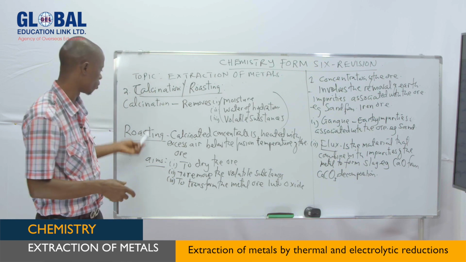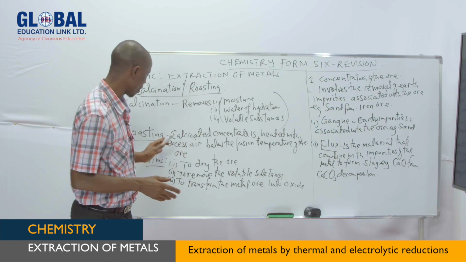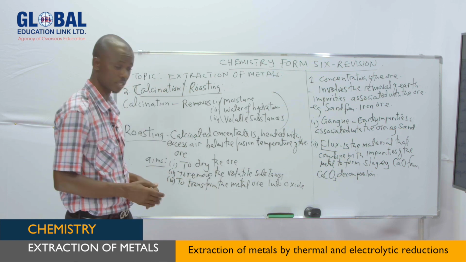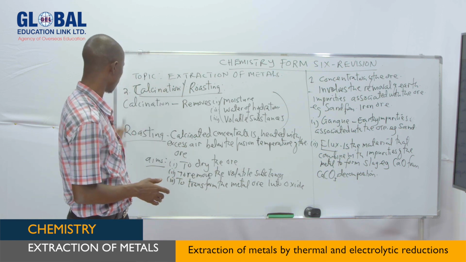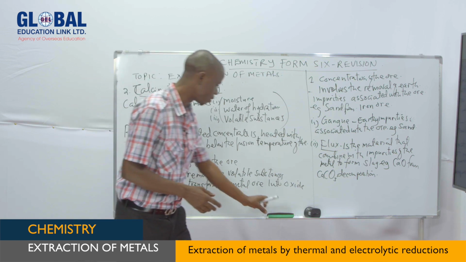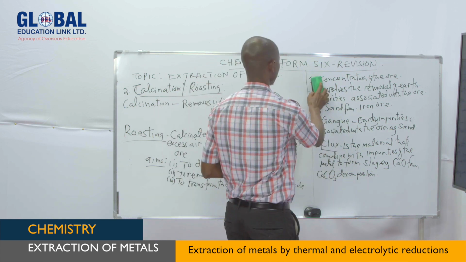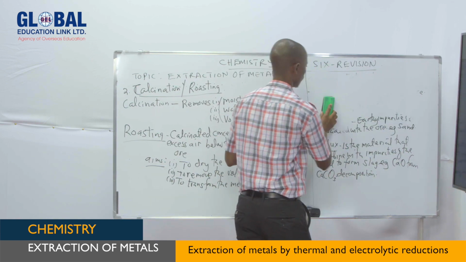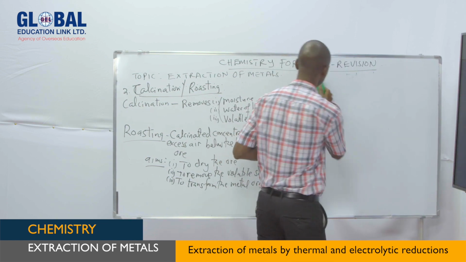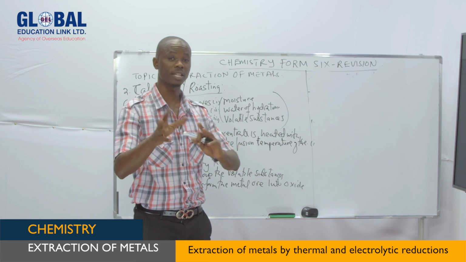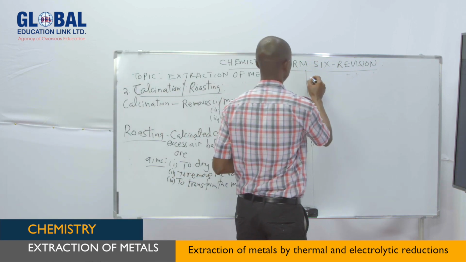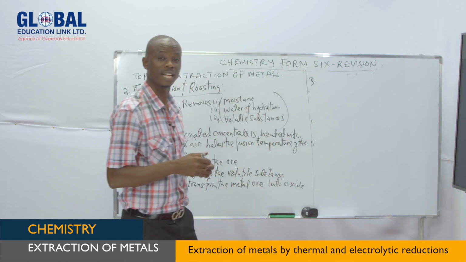This is the aim of roasting. Now, if the metal ore is already in the oxide form, there is no need of roasting. So this is the second step that we have. Now, from this one, we can go to the other step. After roasting, what happens next? We go to the third one. The third one is reduction.